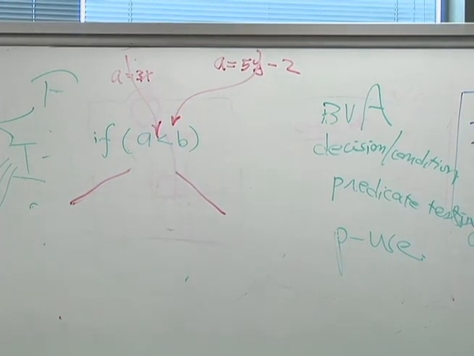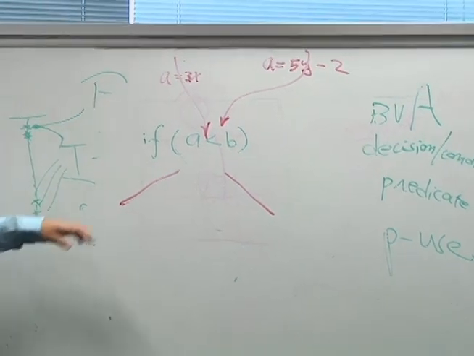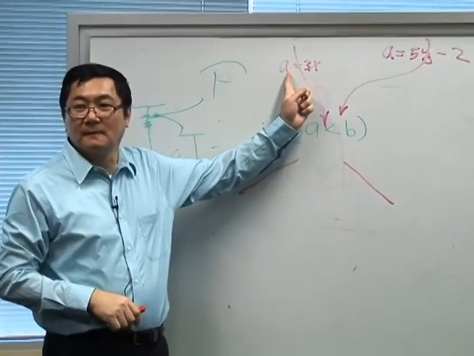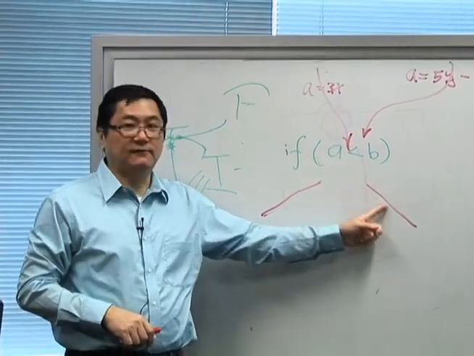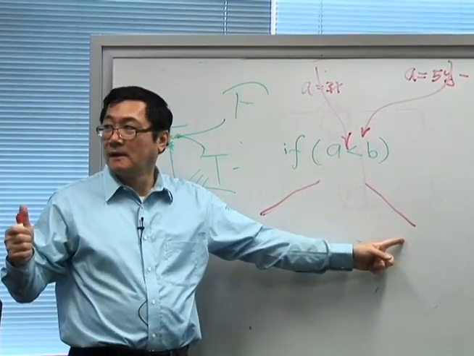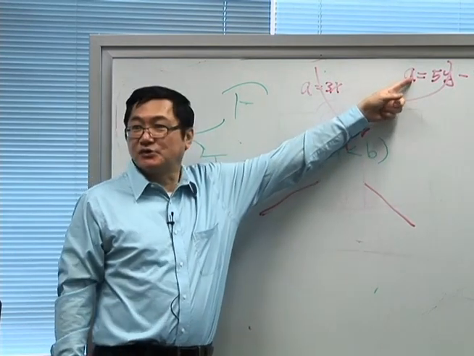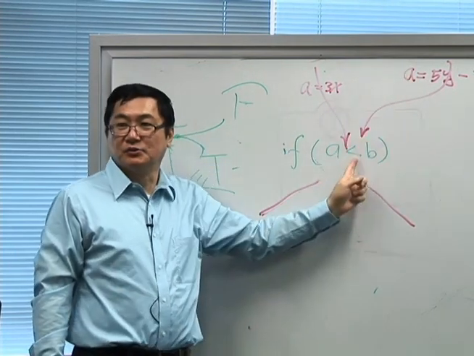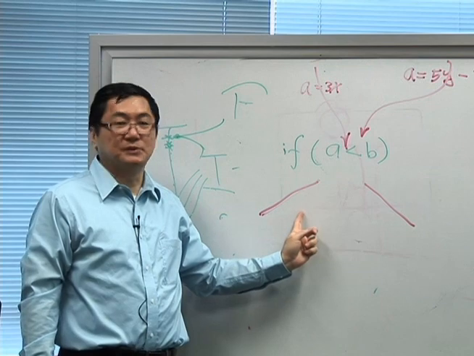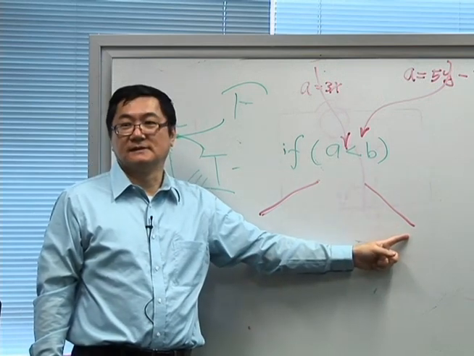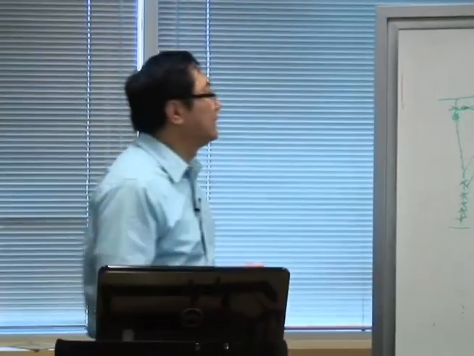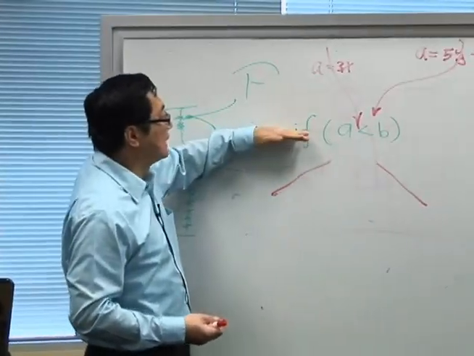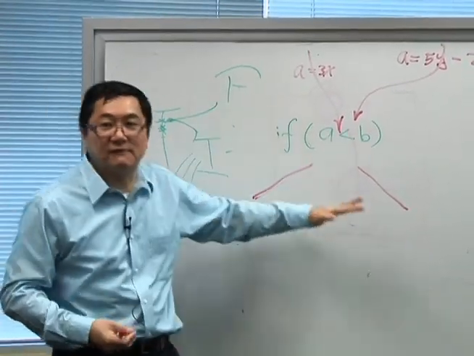Agreed? So with respect to this definition, use true, false. With respect to this definition, use true and false. For decision coverage, it only cares whether the decision is evaluated to true or false.